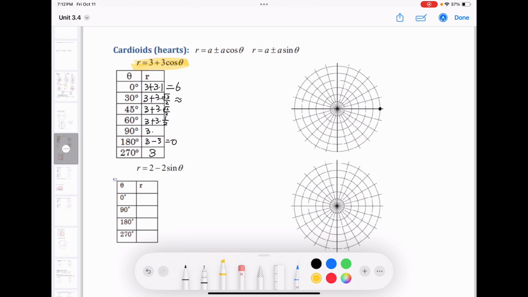We are not having a circle, because a circle doesn't have this 3 in front. We only have 2a times cosine theta, with no extra term. So if you have a plus a cosine theta, this must be the heart shape, or cardioid.